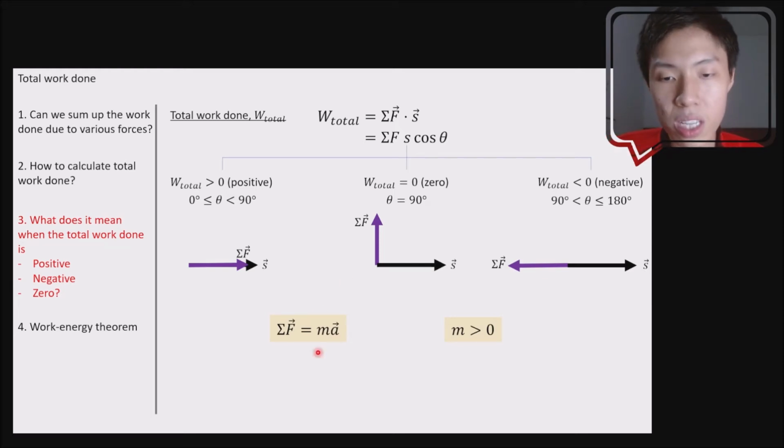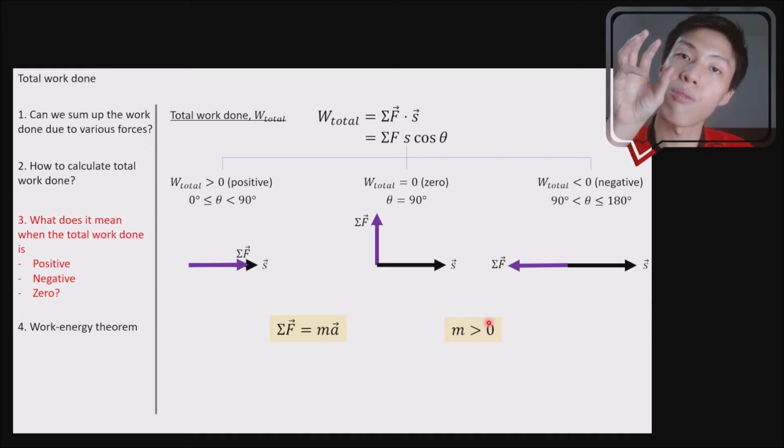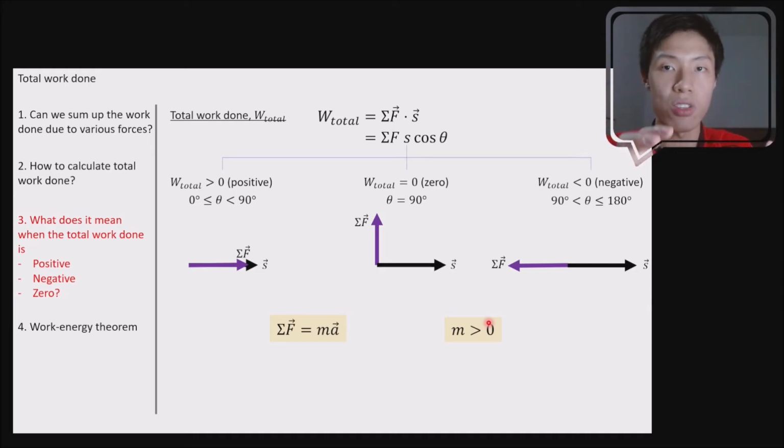Okay, so knowing these two facts, you can recall something from your chapter 1 on scalar multiplication. Scalar multiplication is a multiplication between a vector and a scalar. So something like F equals negative kx or F equals ma in this case. Those are scalar multiplication.